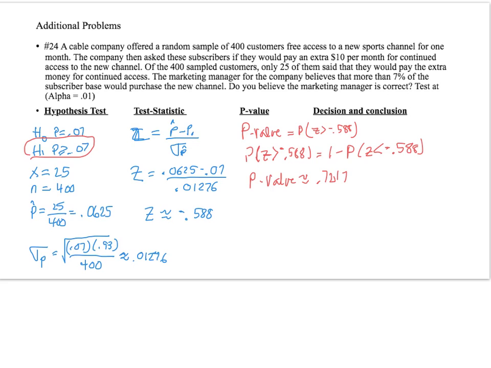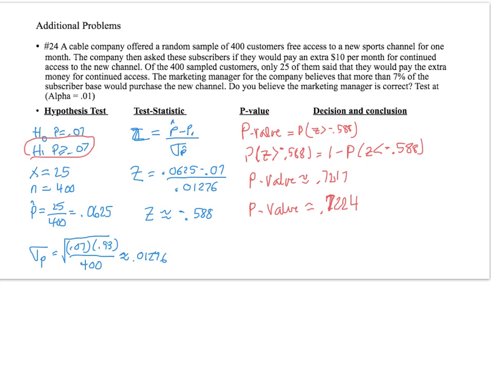Oh, that's on the TI 83 or 84. I think the actual p-value we get from the table is, we had to round up a little bit, so we had 0.224. Sorry for the confusion there, right?